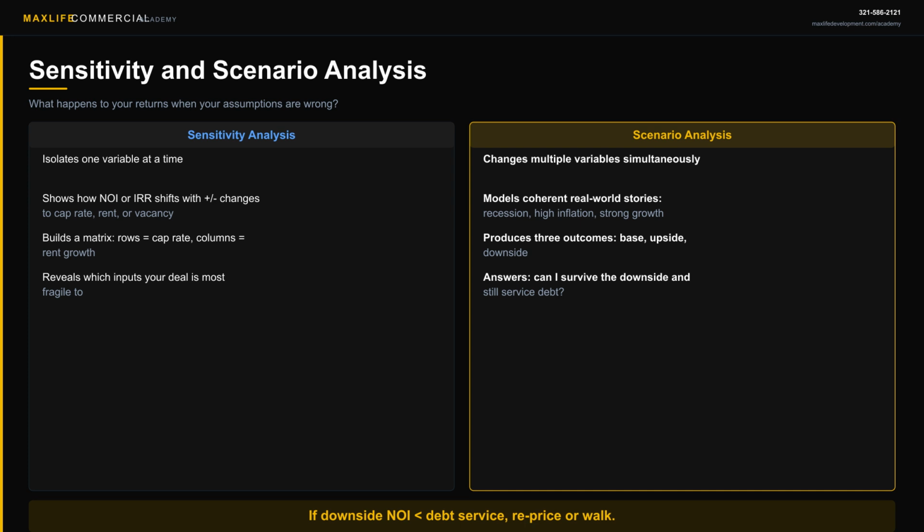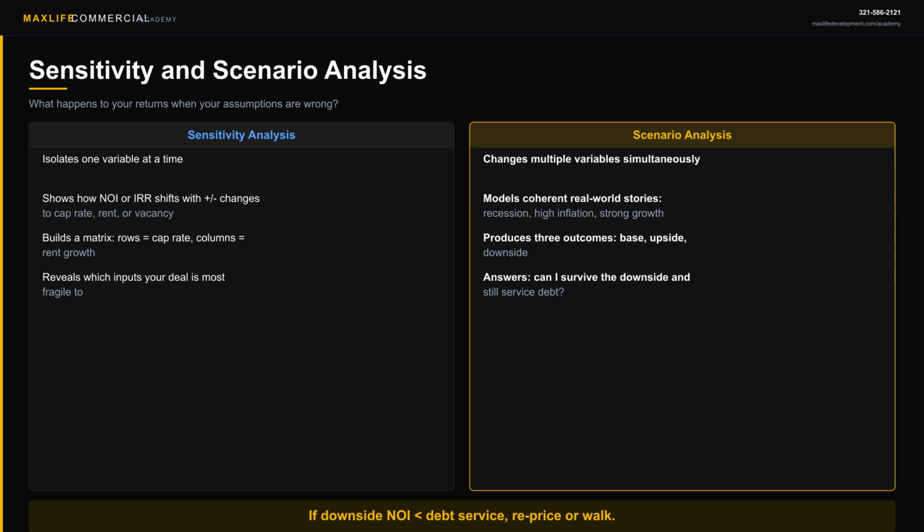You might build a grid where your rows are exit cap rates, say 5.5, 6.0, 6.5, 7.0, and your columns are year 5 NOI assumptions ranging from flat to plus 15%. Each cell shows your IRR or equity multiple under that combination. This tells you exactly where your break even is and how much cushion you have.